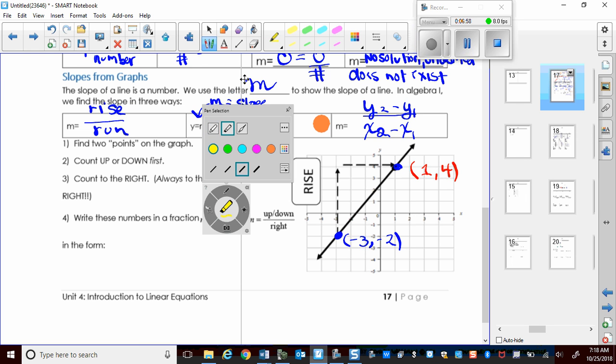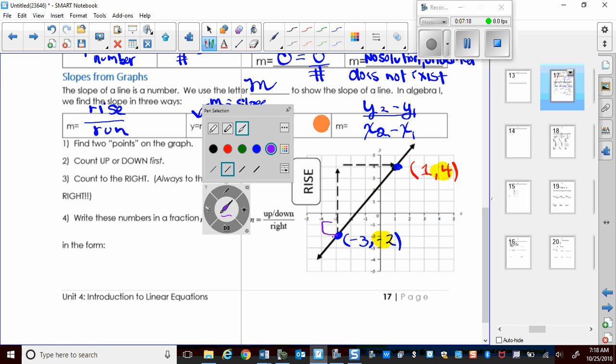We're going to get the rise first. So we'll be looking at these y values. And we always start at the left side. And we're going to count upwards regarding the rise. So we're going to count directly upwards using units.